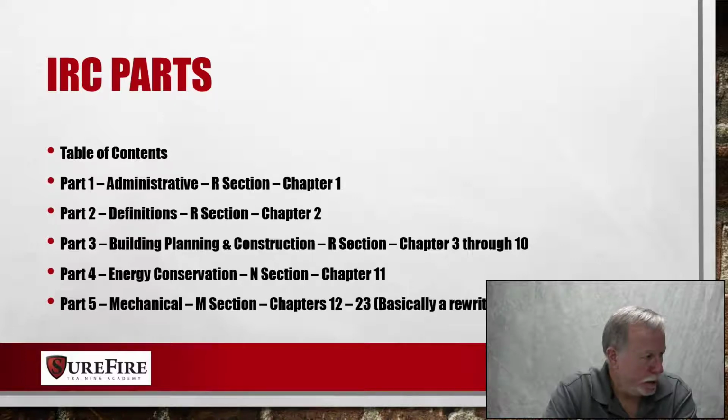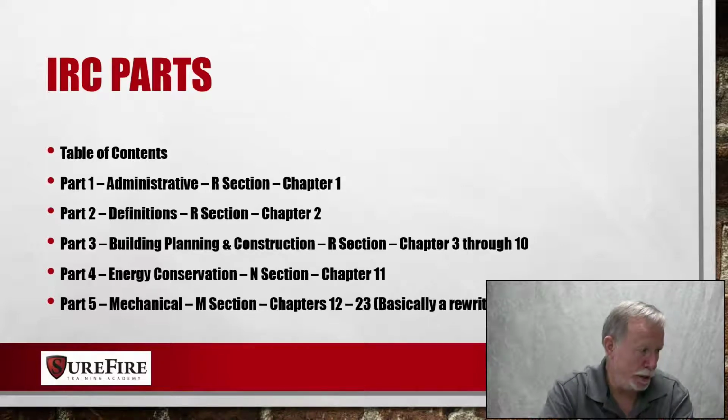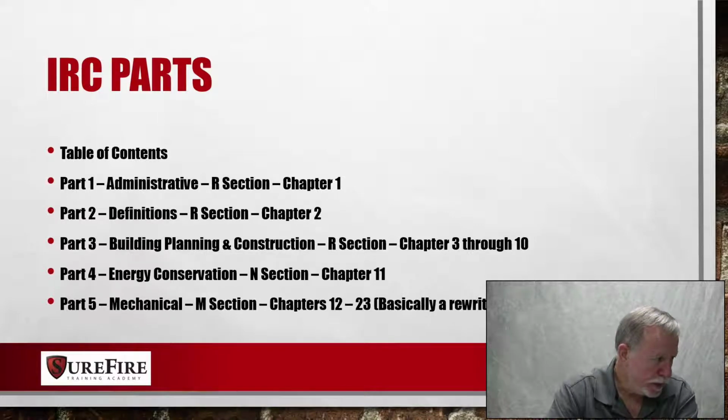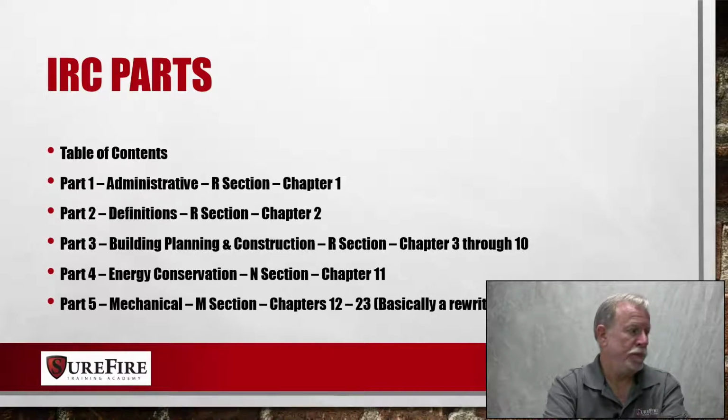And notice that parts 1, 2, and 3 are also called R sections. That stands for residential. Those are your base residential requirements. Part 4 is the N section for energy, and that includes just chapter 11. Chapter 11 is all about energy conservation.